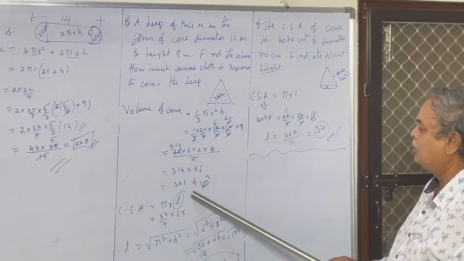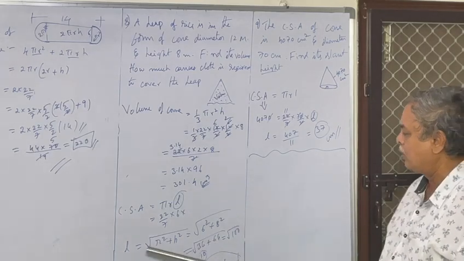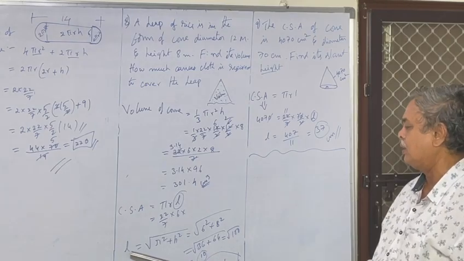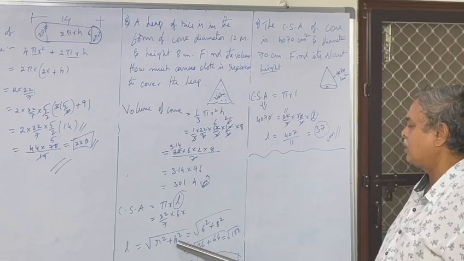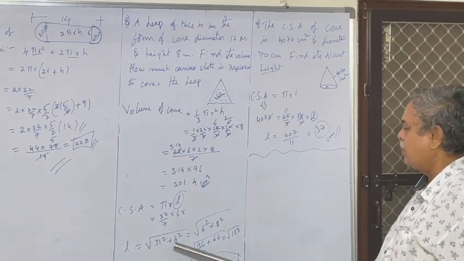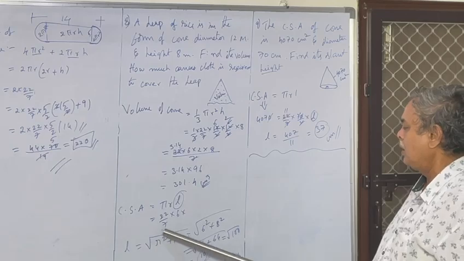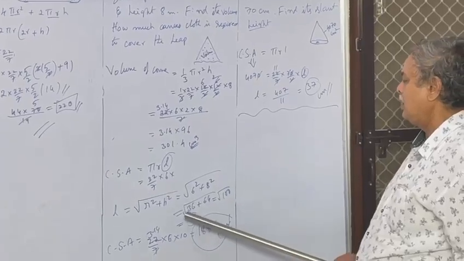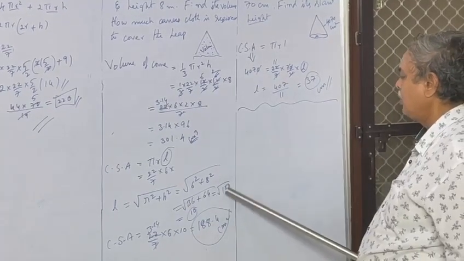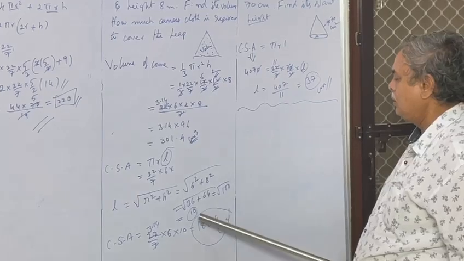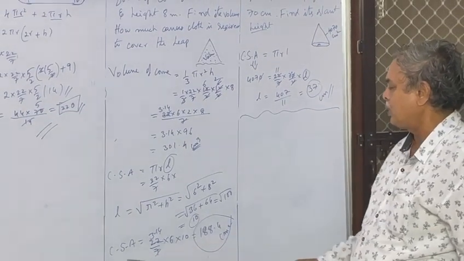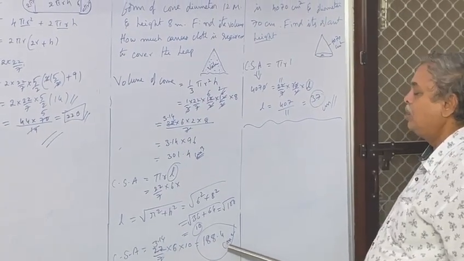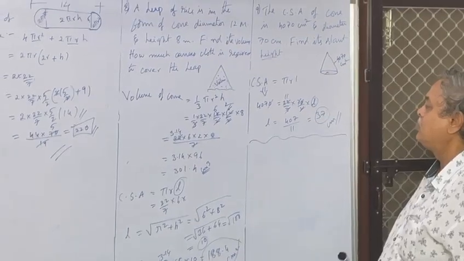Here I have left l blank and later found l below. l is nothing but the hypotenuse, so l is the square root of side square plus side square, the square root of 6 square plus 8 square. Here we get the square root of 100, which is 10. If you substitute these values, we will get 188.4 square meters. That is the answer which you have to know.